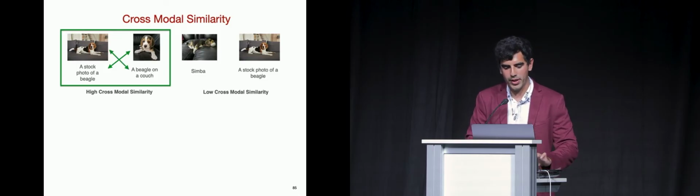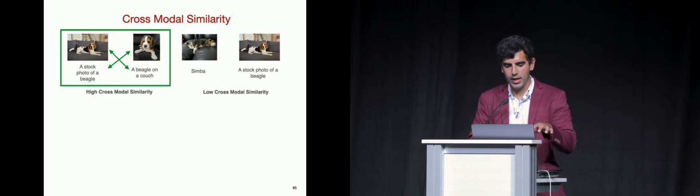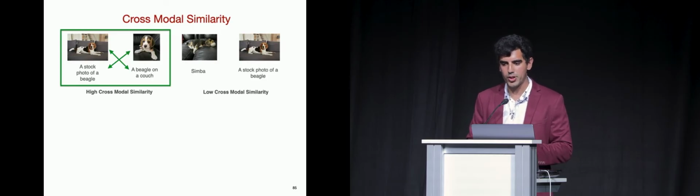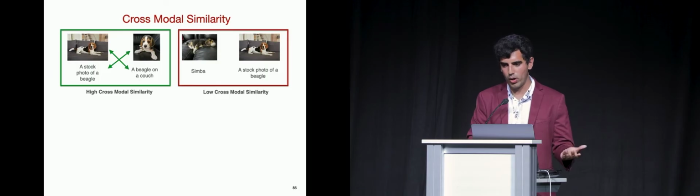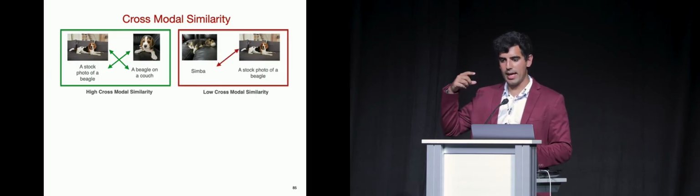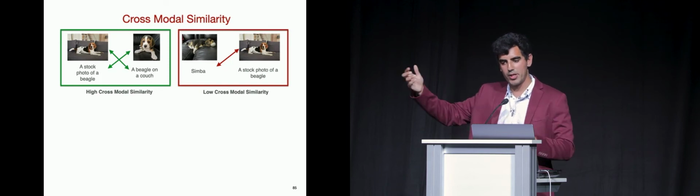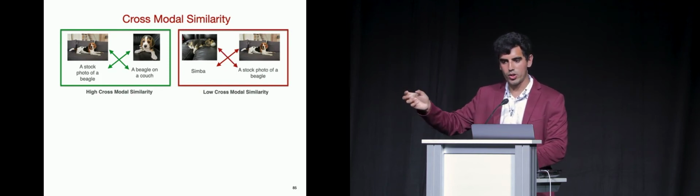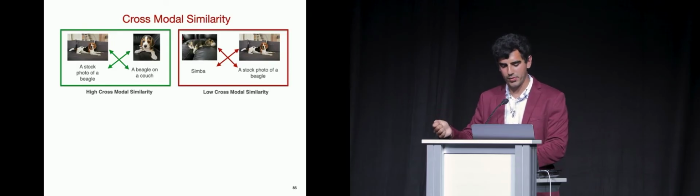So again, I'm going to introduce a similarity notion to help me work through this. Here we call this cross-modal similarity, and cross-modal similarity measures how correlated the caption of pair one is to the image of pair two, and also how correlated the image of pair one is to the caption of pair two.